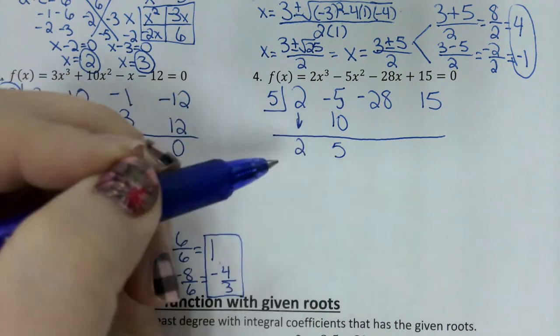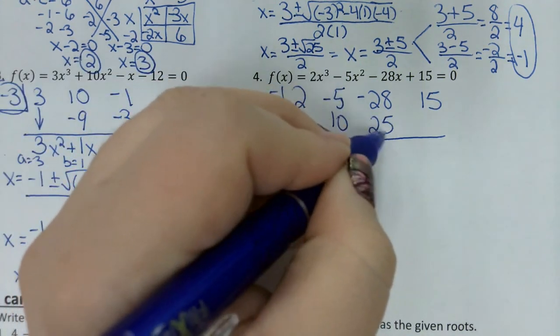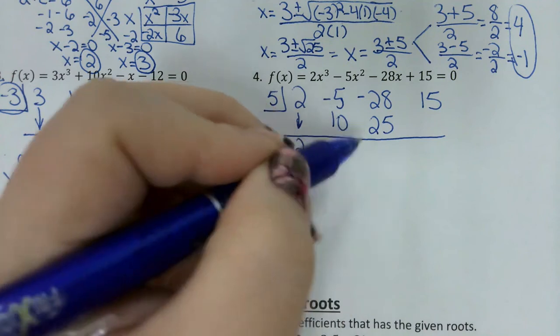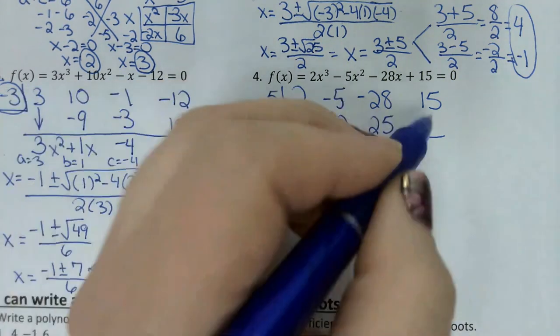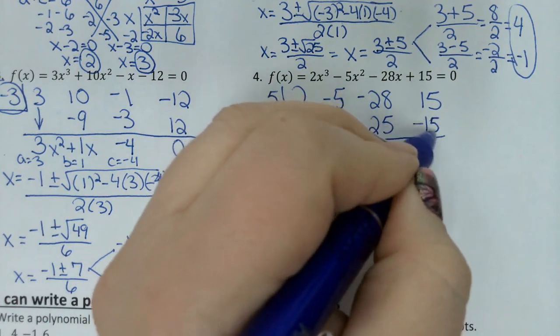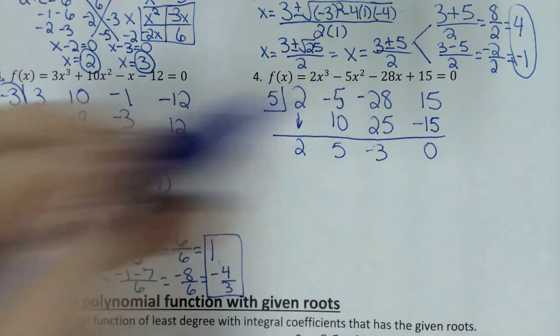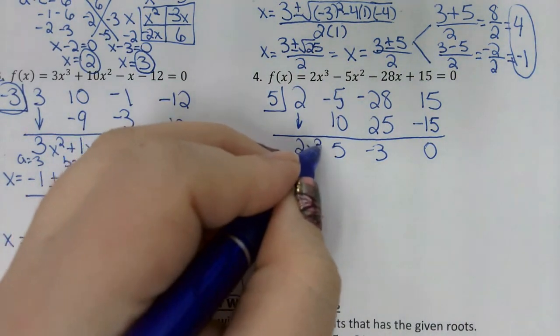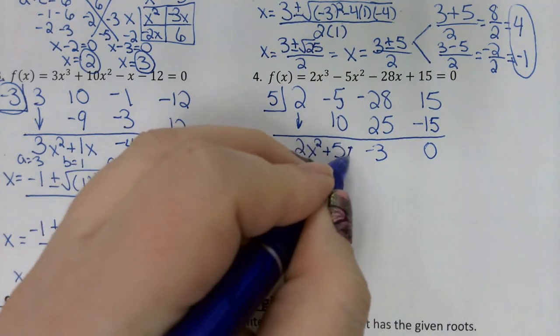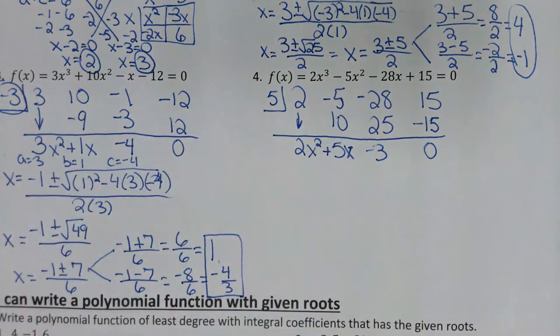Multiply 5 times 5 gives me 25. -28 plus 25 gives me -3. Multiply -3 and 5 and I get -15. Add them together and I get 0. That's what I want. So 2x squared plus 5x and then a -3.